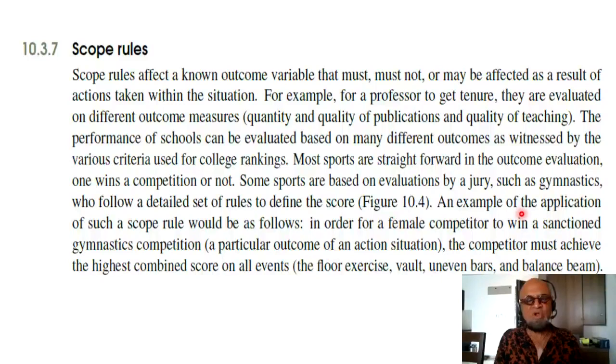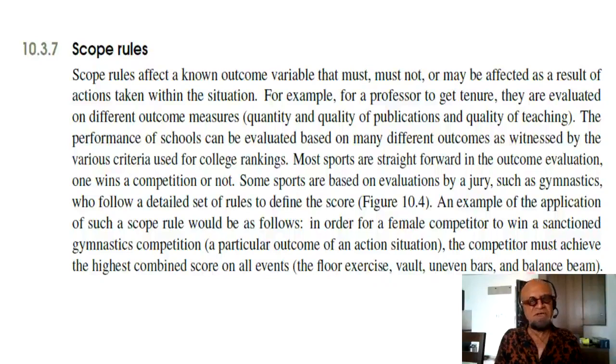An example of the application of such a scope rule would be as follows. In order for a female competitor to win a sanctioned gymnastic competition, which is a particular outcome of an action situation, the competitor must achieve the highest combined score on all events: the floor exercise, vault, uneven bars, and balance beam.